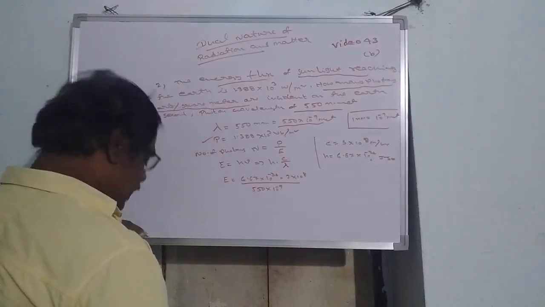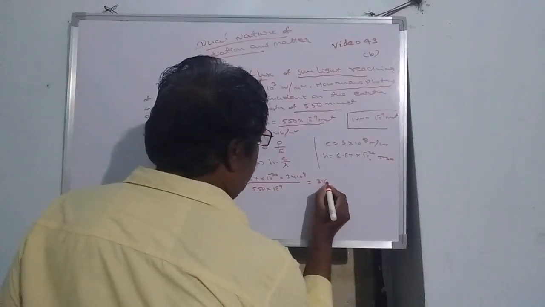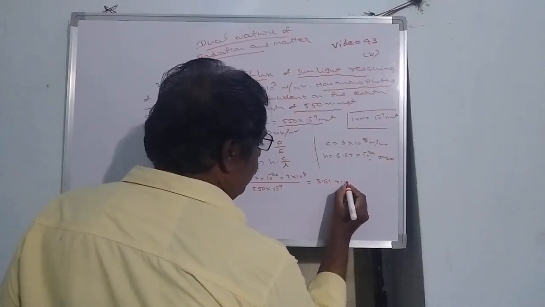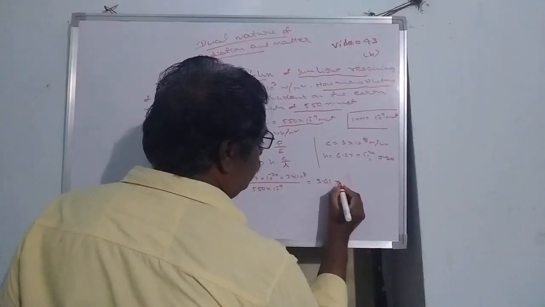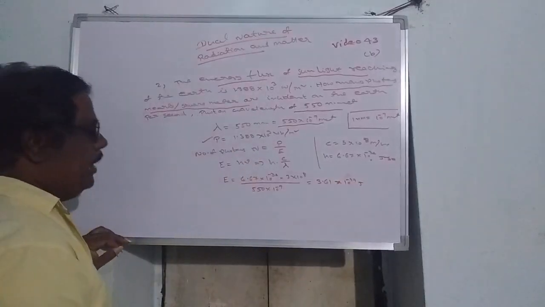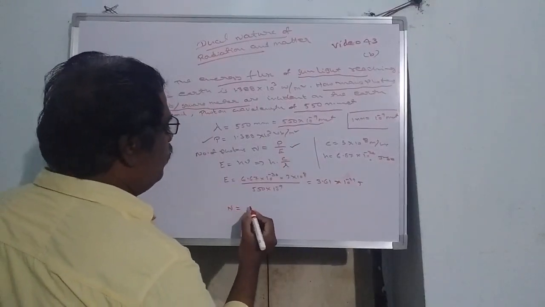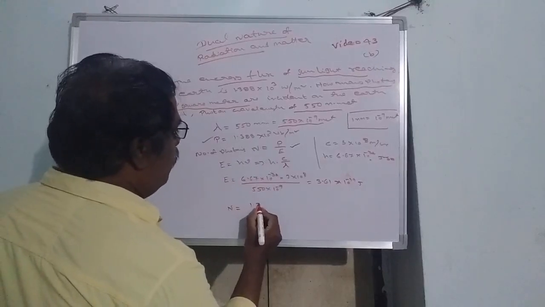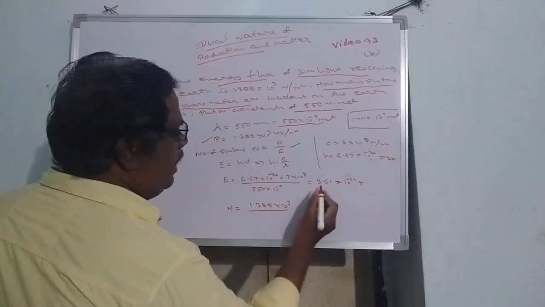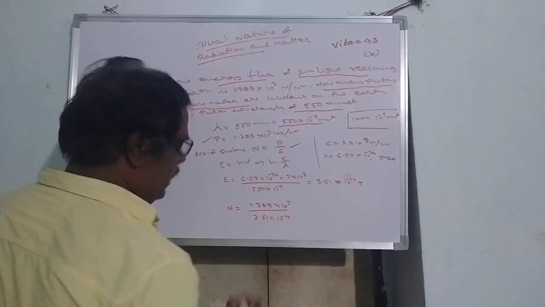On solving this, for E we get 3.61 into 10 power minus 19 joules. See, the energy we have calculated. Then we can calculate the number of photons. Number of photons N is equal to P by E. What is the P value? 1.388 into 10 cube by the E value, 3.61 into 10 to the power of minus 19.